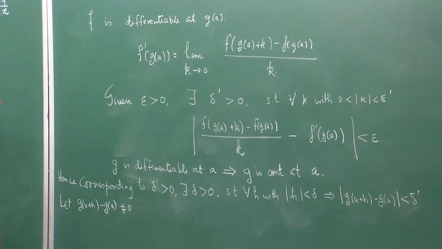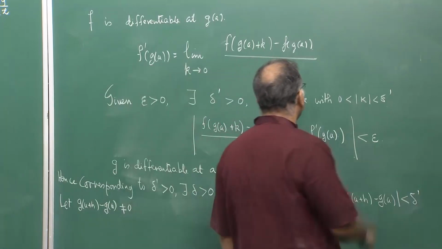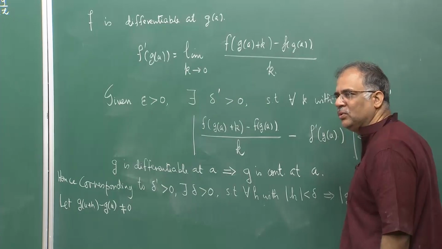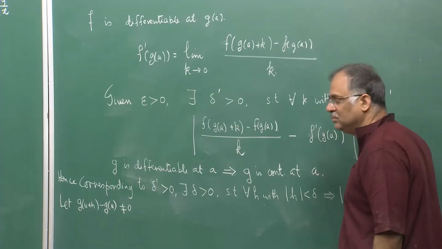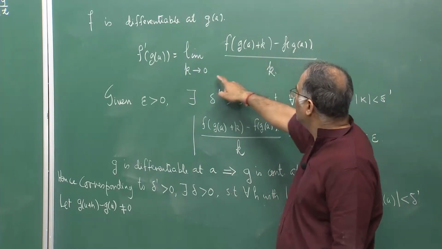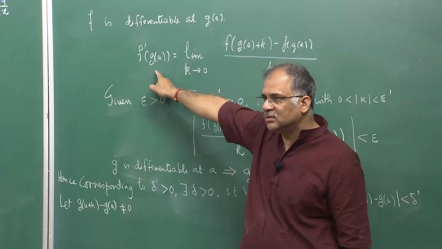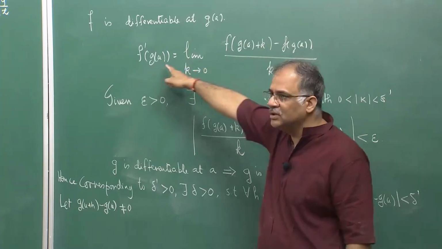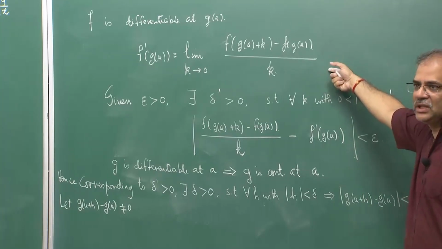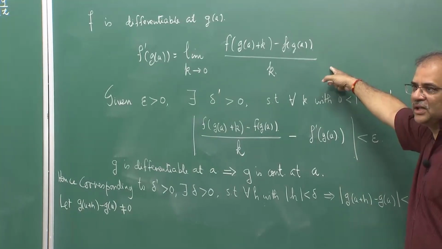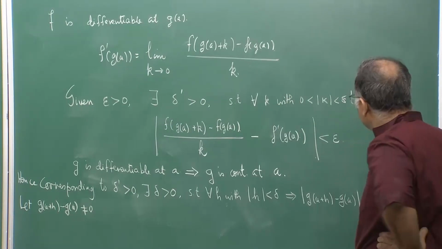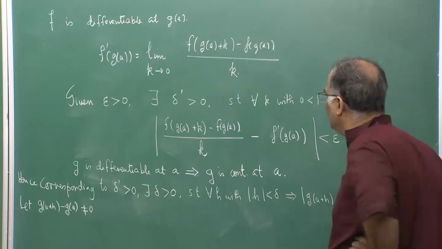No, this is the definition of the limit. In a limit you always take a punctured neighborhood. The functional value at k equal to 0 of this differential quotient is not defined, it is undefined at k equal to 0, so it cannot be continuous. So this is correct, a standard definition of the limit.